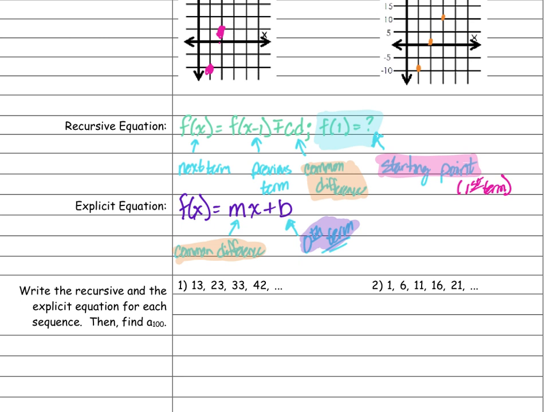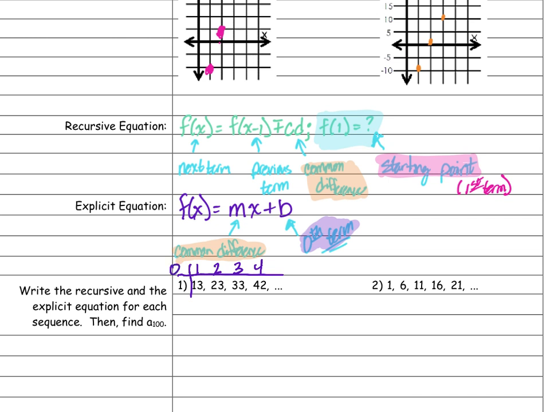But yeah, we can do that. We've done all of these individually in little different parts. So I'm going to turn this into a table, very simply by doing this. First term, second term, third term, fourth term. Okay? And then I know I need to find my 0th term.